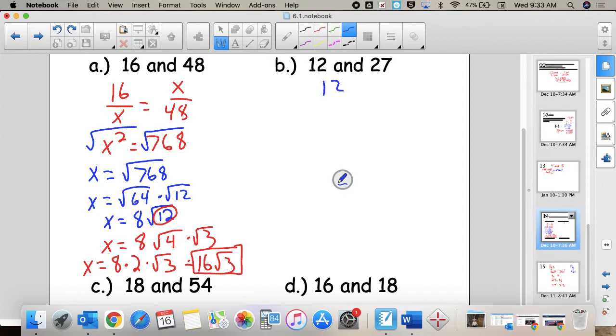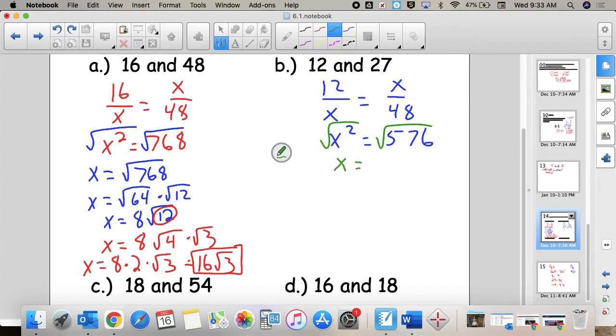Taking a look at b then, we have 12 over x and x over 48. Cross multiply, x squared equals 12 times 48. It's 576. And then we take the square root of each side. Oh, why did I put 48?